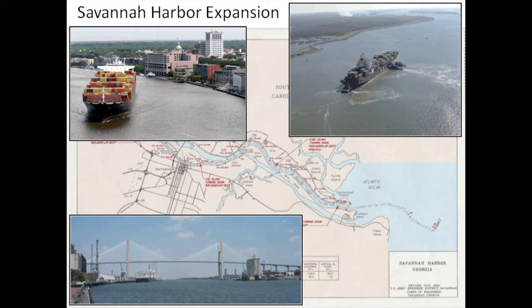The next wicked problem we're facing is the Savannah Harbor. For those of you in Georgia, you know how important the Port of Savannah is to the Georgia economy. It is a wicked problem because it's not just when you go in and dredge the harbor from 42 feet to 47 feet, you're facing a couple of challenges. One is the fact that Savannah Harbor is way upstream from the mouth of the Savannah River. So it's a pretty long reach that you have to go in.